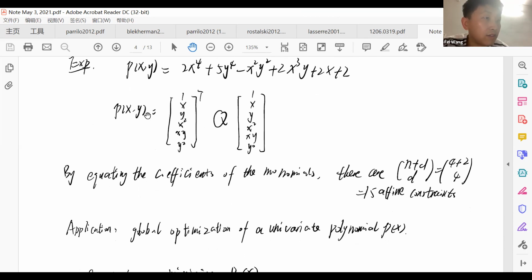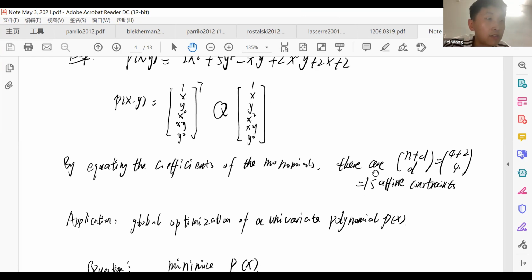Again, we first write it in matrix product form and then equate the coefficients of the monomials. There are (n+d choose d), which is 15, affine constraints. And this is equivalent to another SDP problem.